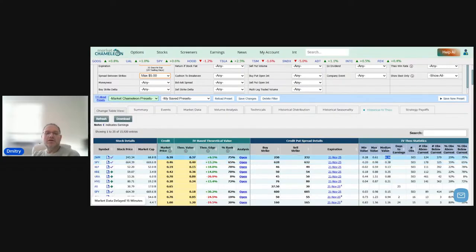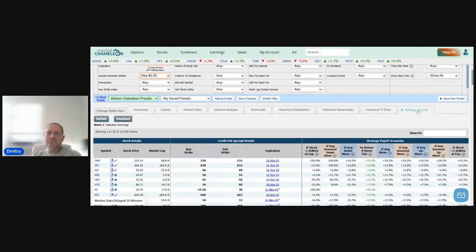So we could compare it to where the market prices are, where the trades were happening, and we get this nice, quick perspective on the spread.